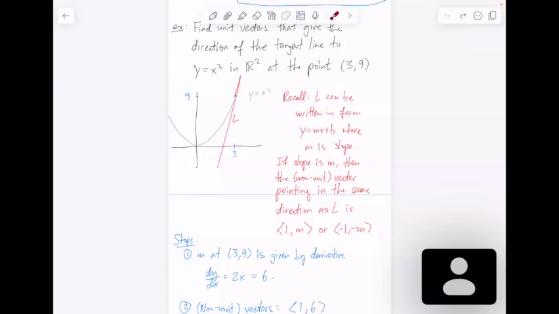In other words, instead of looking at the usual line equation, y equals mx plus b, which is a line in 2 dimensions, I should be able to flip it on its head and say, if I have a direction vector and also a point I want the line to go through, that should be sufficient to tell me what the line is, right?